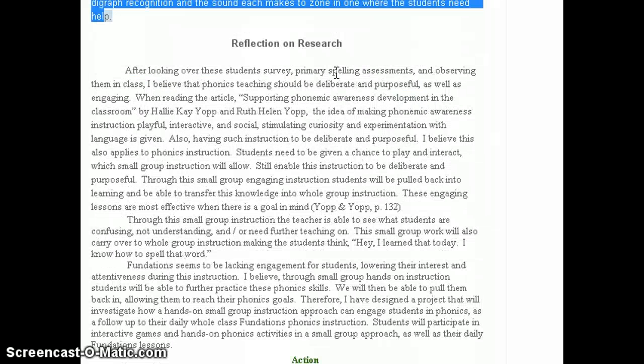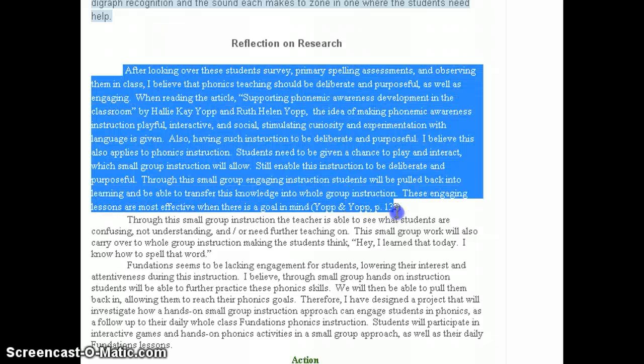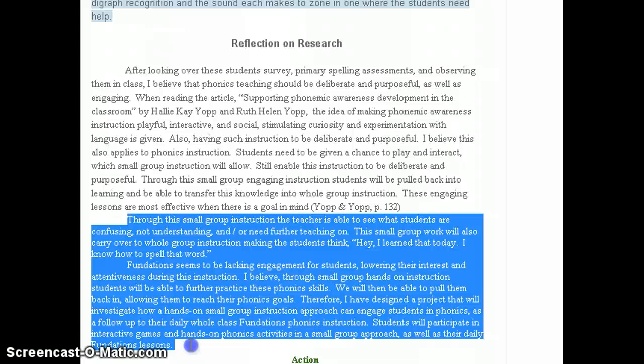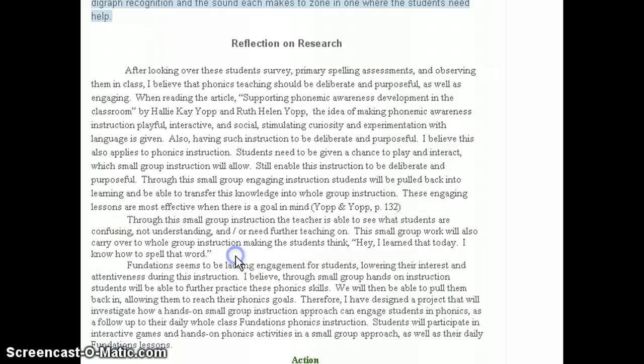So going back, you've got this section right here, reflection on research, which is great. Just a quick glance without even reading it, you can tell that this part here is double spaced, this part here is single spaced. You want to make sure that that is revised.